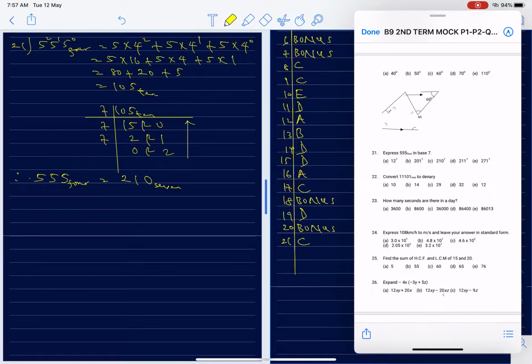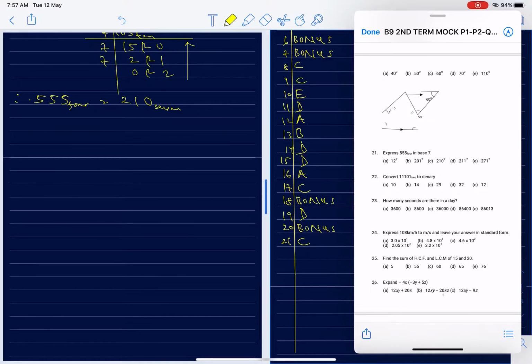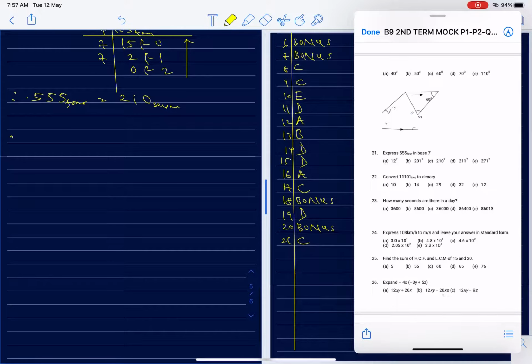Now we go to 22. Convert 11101 base 2 to denary. Denary is the same as base 10. 11101 base 2 to denary, label the positions 0, 1, 2, 3, 4. This is a manipulative way of converting from a particular base to base 10.